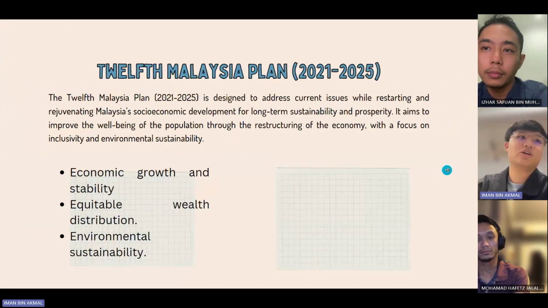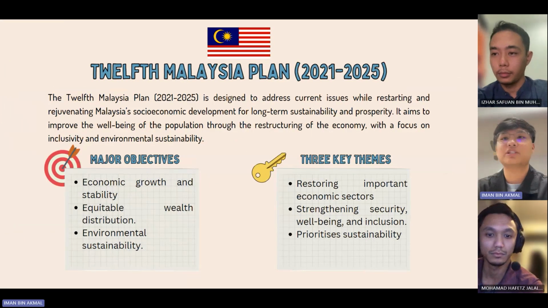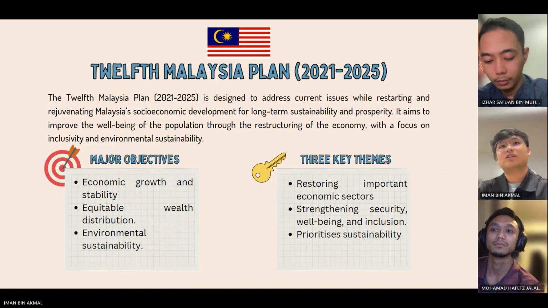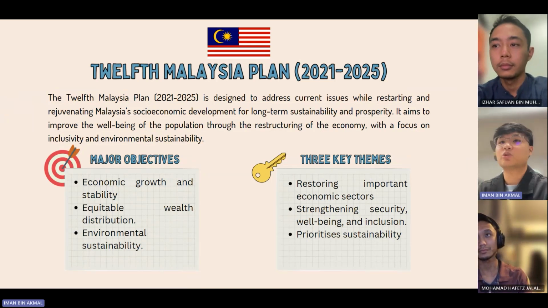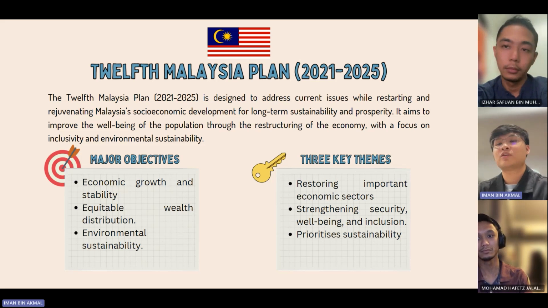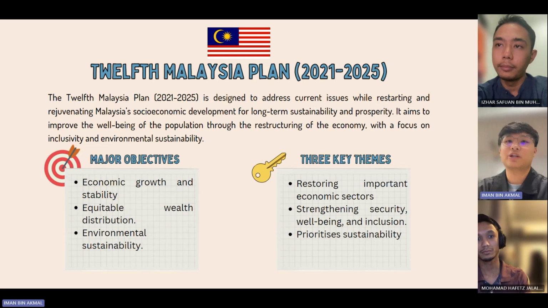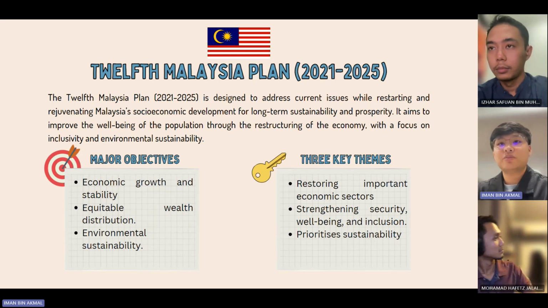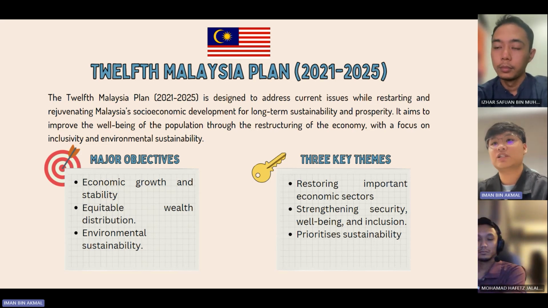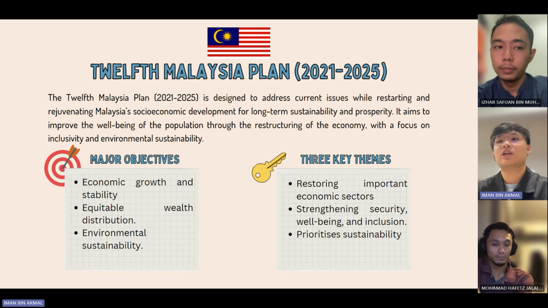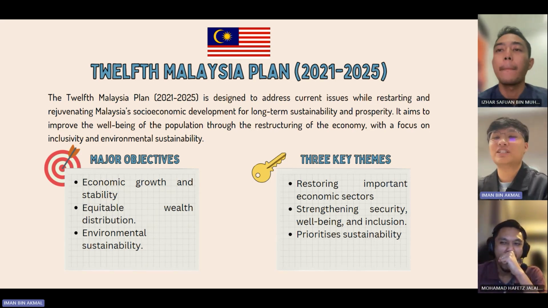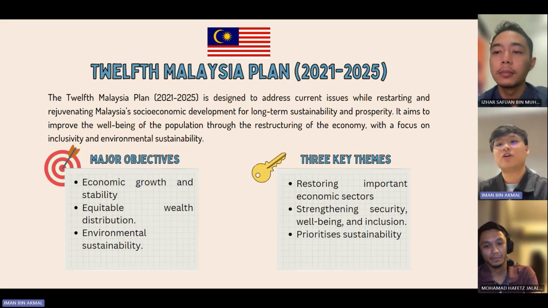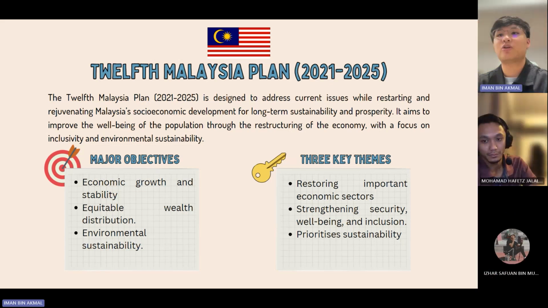After the 10th Malaysia Plan and 11th Malaysia Plan, there is also the 12th Malaysia Plan, which has a timeline of 2021 to 2025. Before that, my name is Iman bin Akmal and I will be presenting this part. The 12th Malaysia Plan is designed to address current issues while restarting and rejuvenating Malaysia's socio-economic development for long-term sustainability and prosperity.